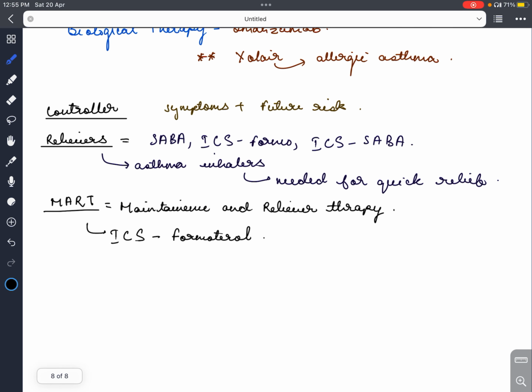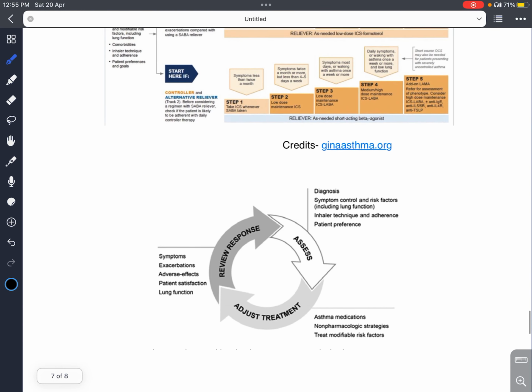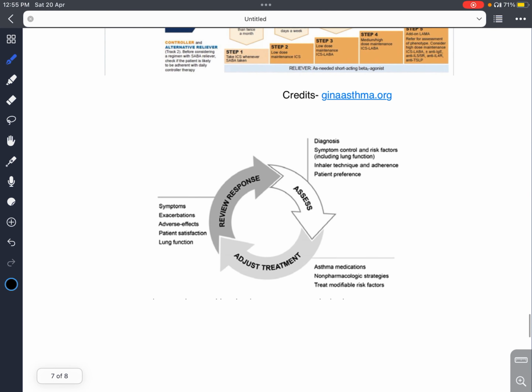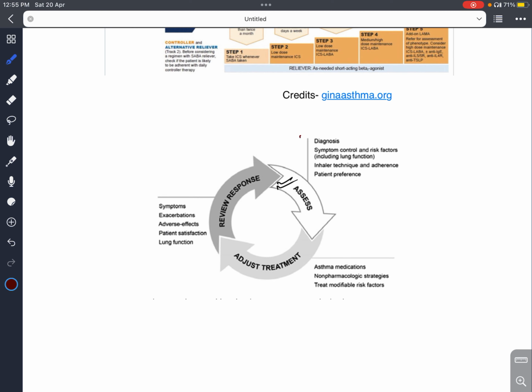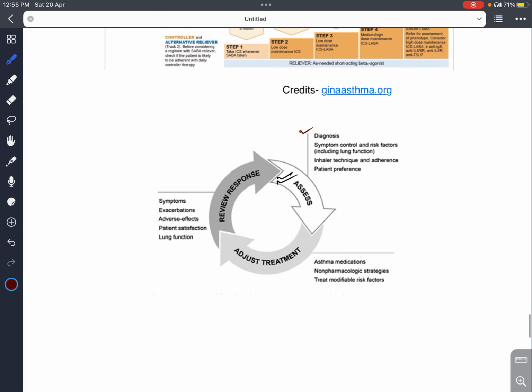Now let me explain a bit about the guidelines given. First, they have said that you need to do three things: you need to assess, you need to adjust the treatment, and you need to review the response. What does assess mean here? You need to go for a proper diagnosis of the condition based on the symptoms. You should assess symptom control and risk factors, including lung function tests.